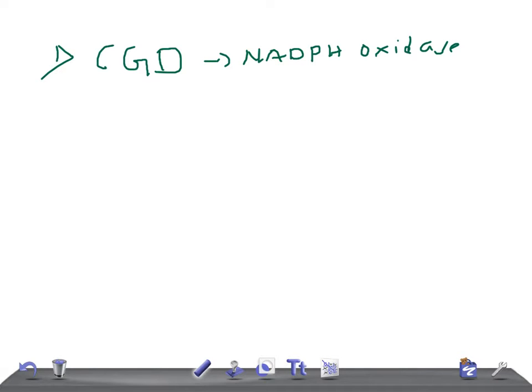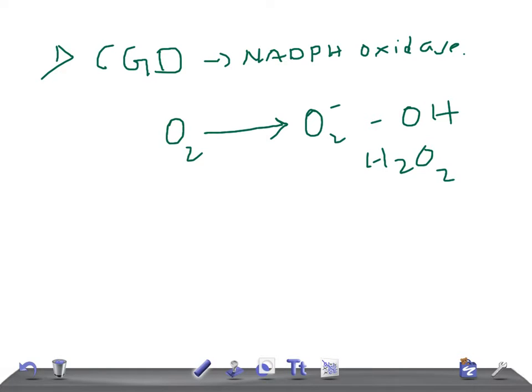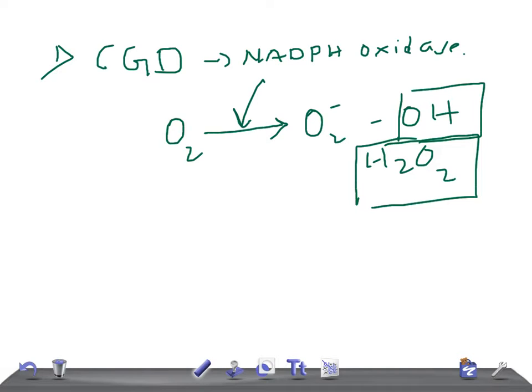So when there is a deficiency of NADPH oxidase, oxygen is not converted to oxygen radical, superoxide radical, and hydrogen peroxide. That's why the hydrogen peroxide acts as an antibiotic, and this also acts as an antibiotic. So this conversion is done by the NADPH oxidase.